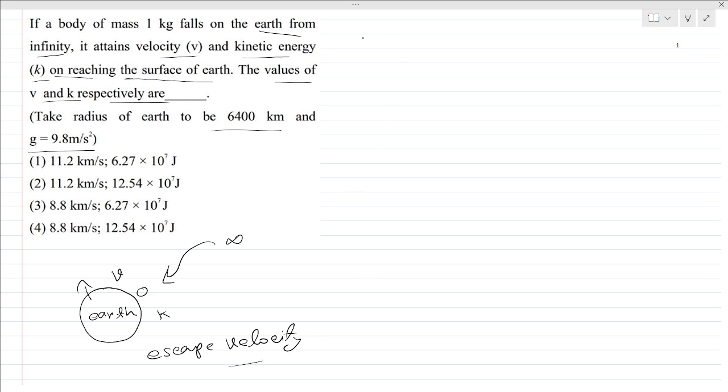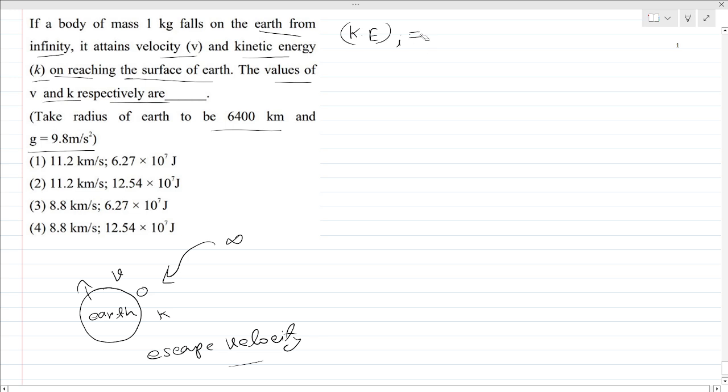So if you want to use the same logic here, we write the energy conservation, that is kinetic energy initially, because the potential energy, as we know, will be minus GMm by r for a gravitational field.